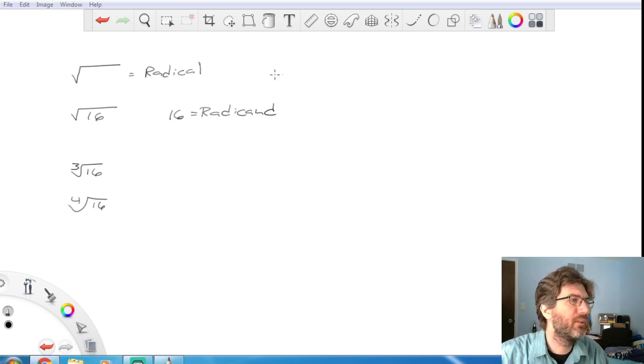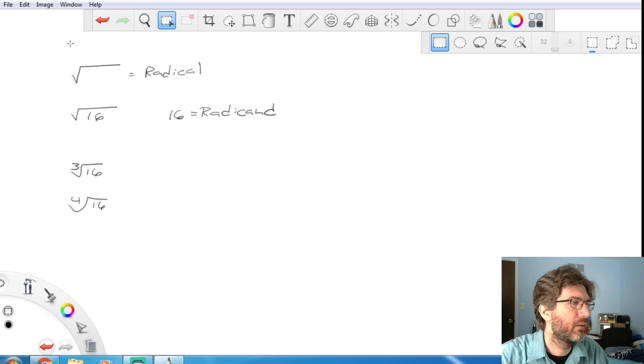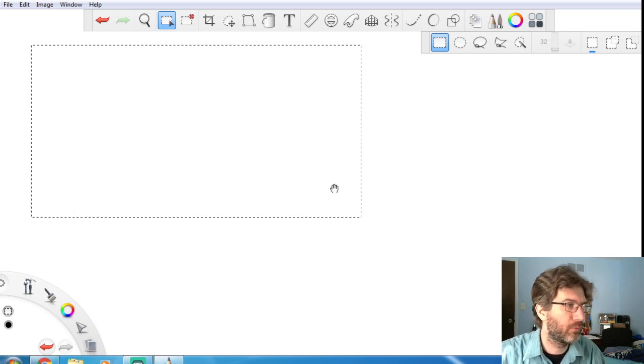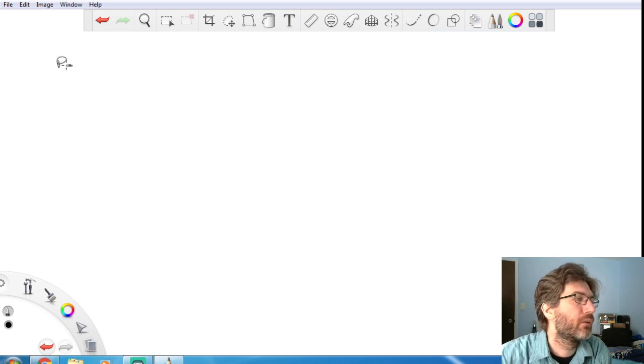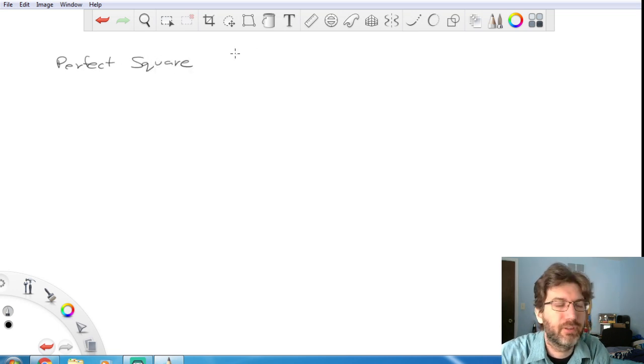The other thing that you need to know today is what a perfect square is. If you don't know your perfect squares, make flashcards and memorize them, but you probably have these memorized since 3rd grade when you started learning your times tables.